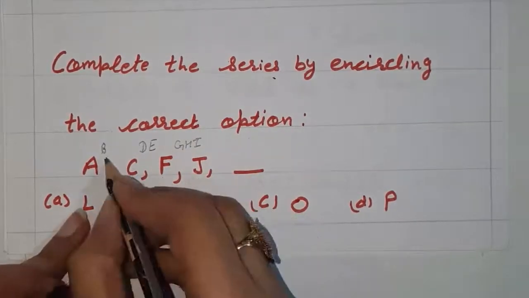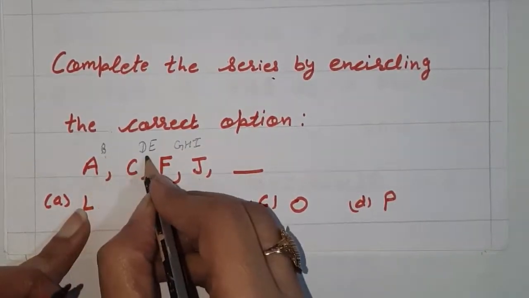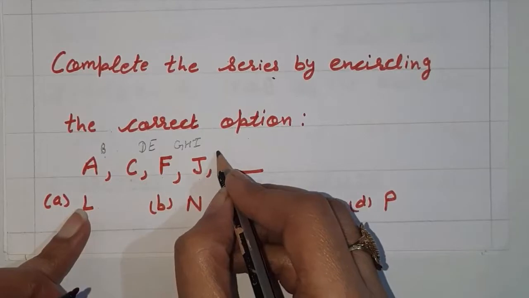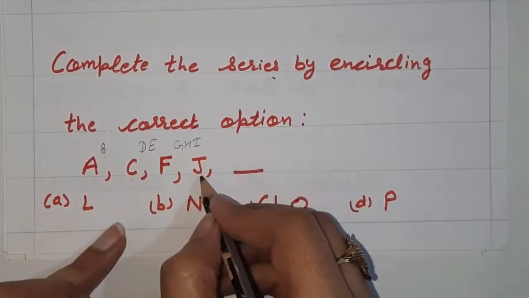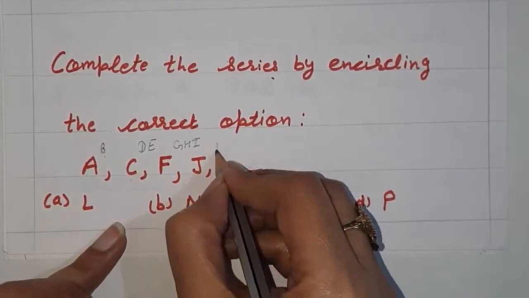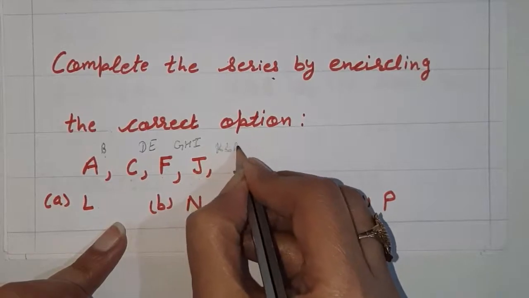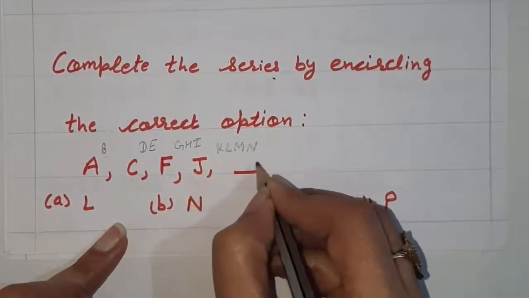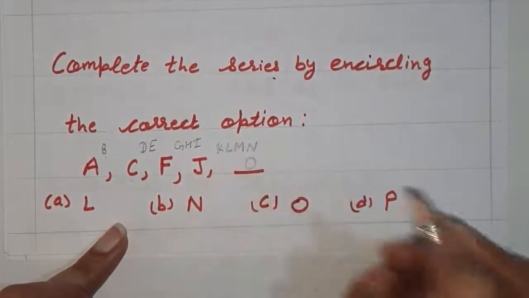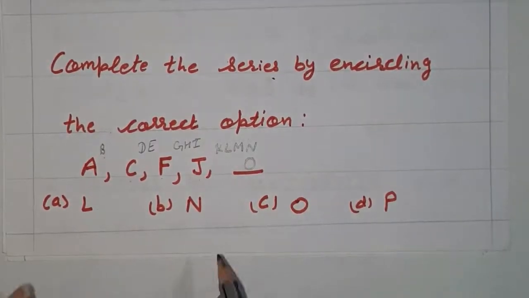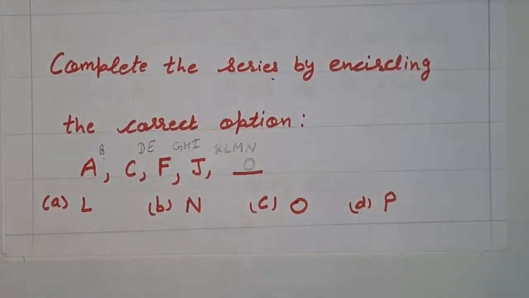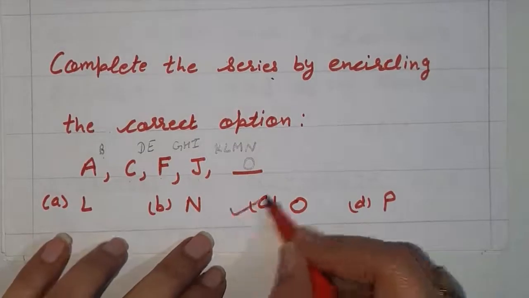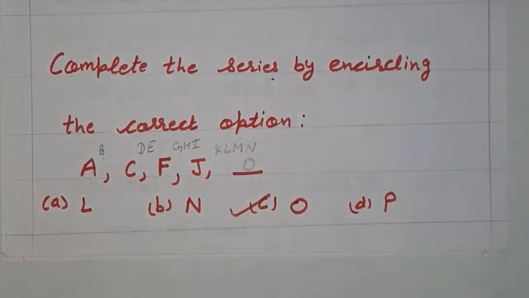J is given. Means 1 alphabet, 2 alphabets, 3 alphabets. Now we will leave 4. So after J, we will leave K, L, M and N. So next answer will be O. Is there any option? Yes. Understood?